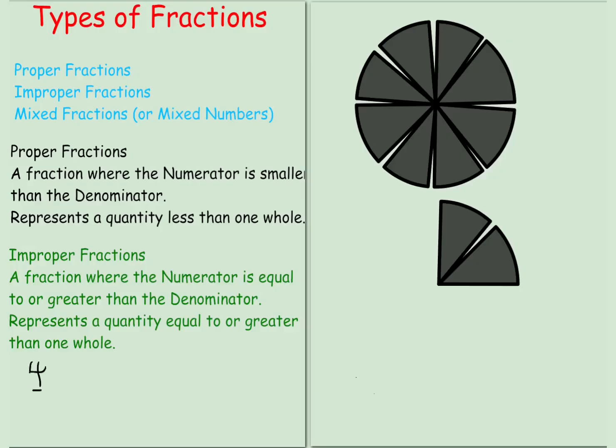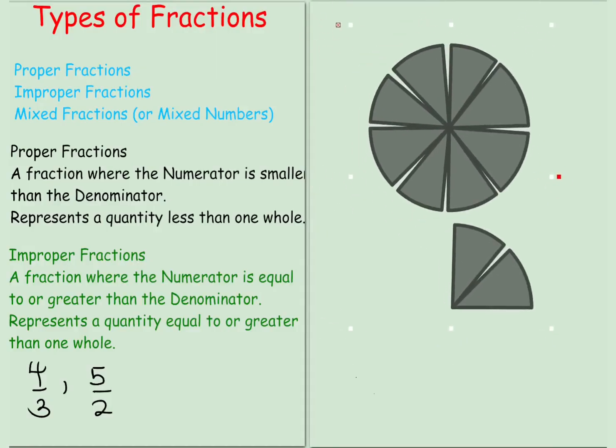The numerator is greater than the denominator, hence it is improper. If you have 5/2, this is also improper. The analogy here is that improper fractions are greater than 1.